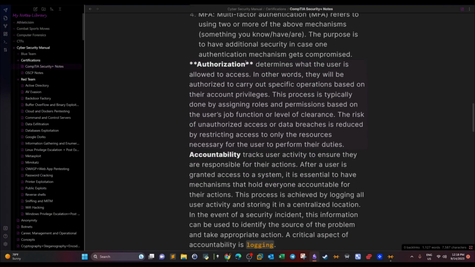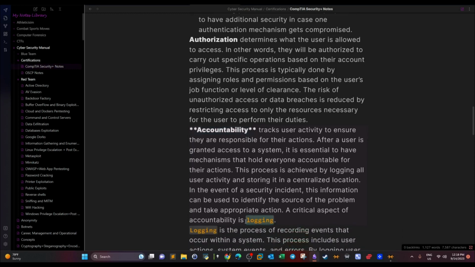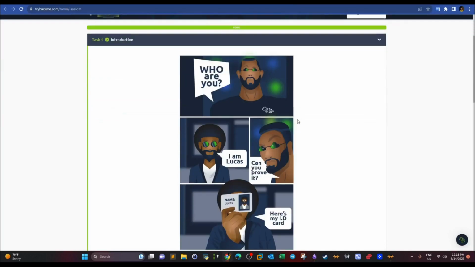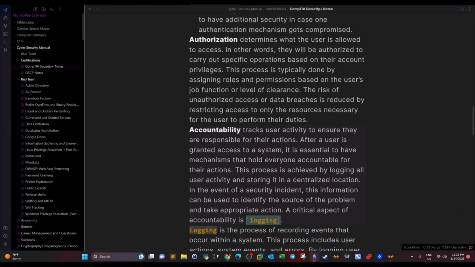And after we set the permissions, we do accountability. Accountability is achieved by logging. Logging is important to hold someone accountable for their actions. In the case of the illustration here, the security cameras achieve this objective by monitoring what you do while you are in the facility. In the digital world, we use logging.